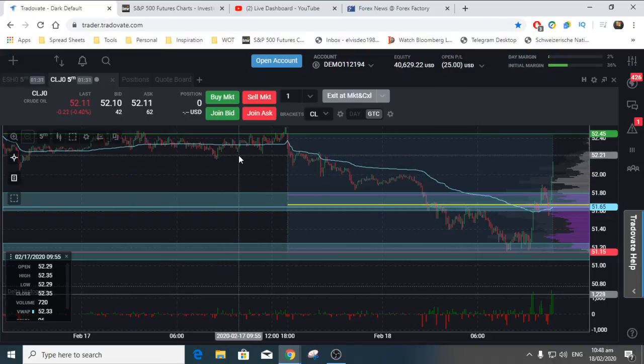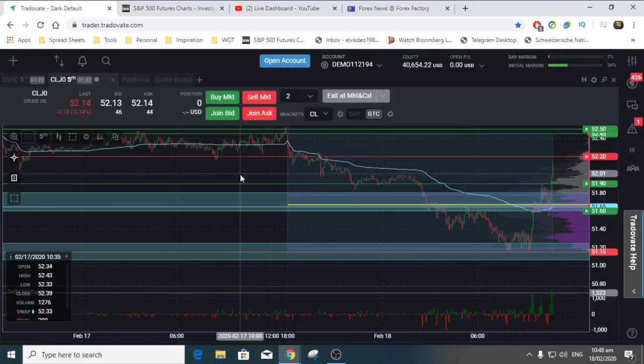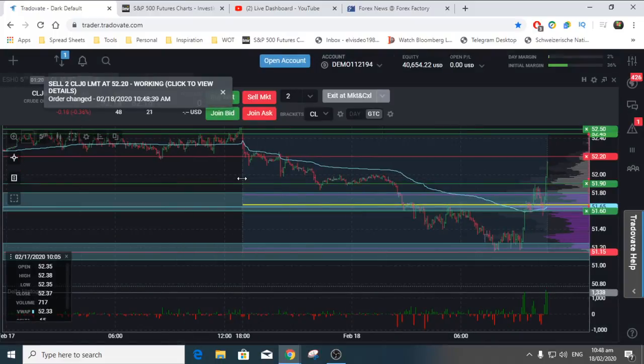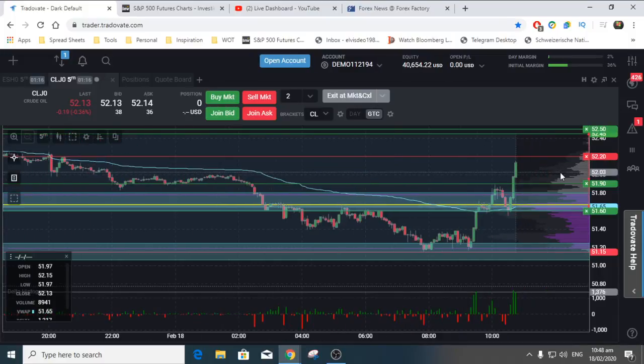Well, the secondary entry that's still sitting here from this morning. This is the 2 contract entry on this. Expectation is for fill and then London close.